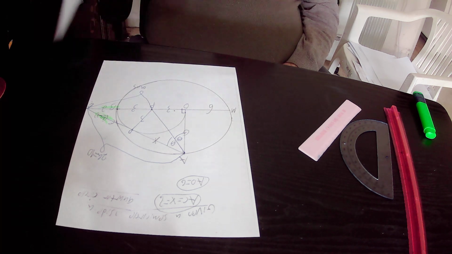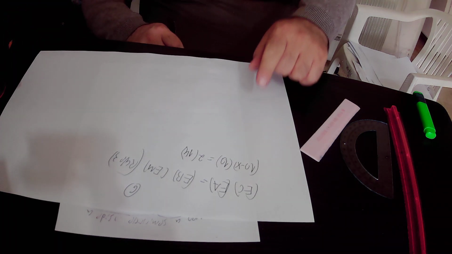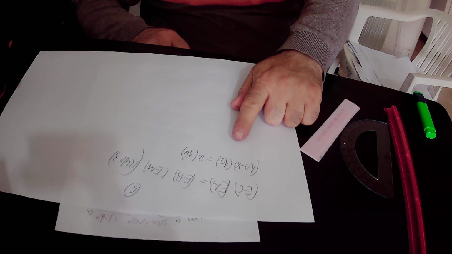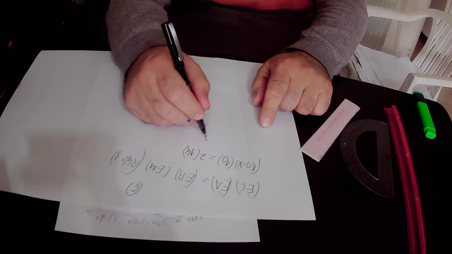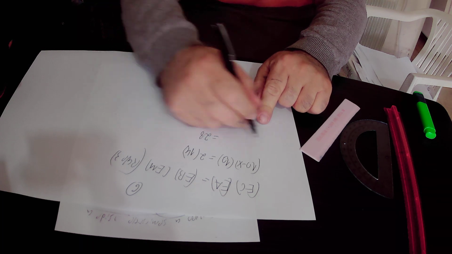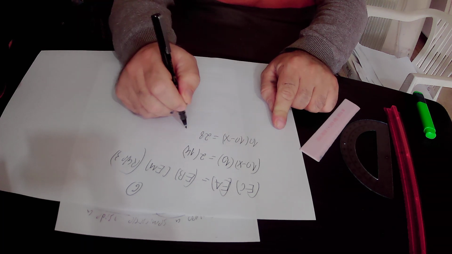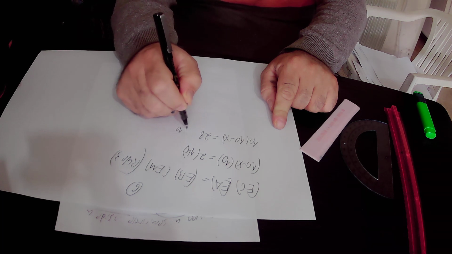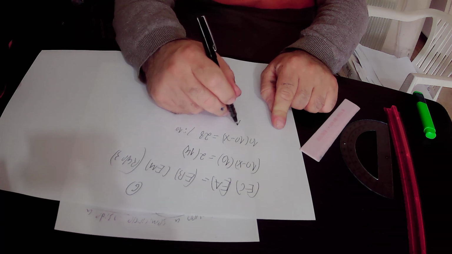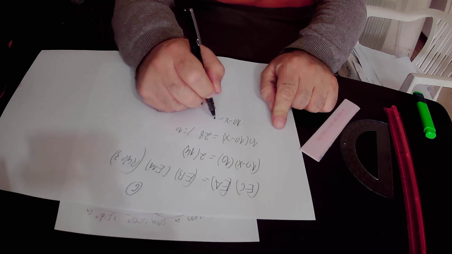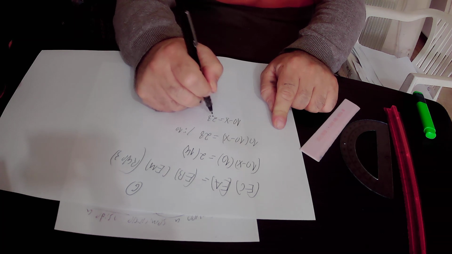So in conclusion, we found out that 10 minus X times 10 equals 2 times 14, that is 28. So 28 equals 10 times 10 minus X. Here we divide this equation by 10, and we get that 10 minus X equals 28 over 10, which is 2.8.